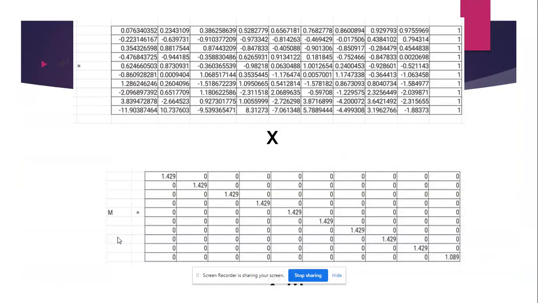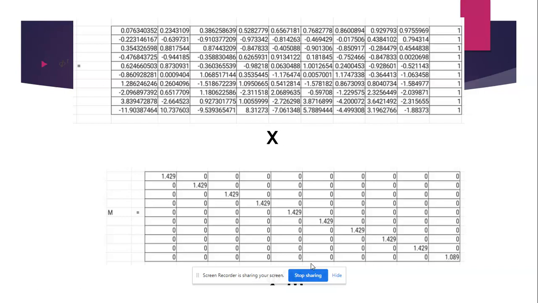Once you finish it, multiply it by M or the mass matrix. This will give you this result: the transpose of the mode shape matrix times the mass matrix.